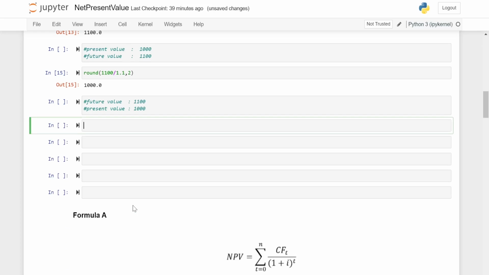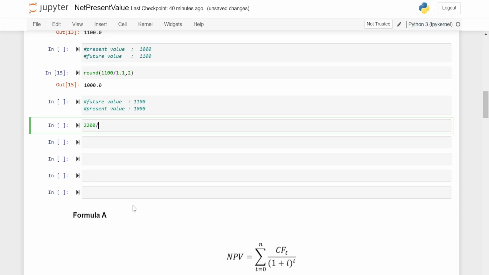So what are we investing? 2000 rupees. Okay, and we will consider the interest rate to be 10%. So how can we calculate net present value? We will say 2200 rupees after 1 year.